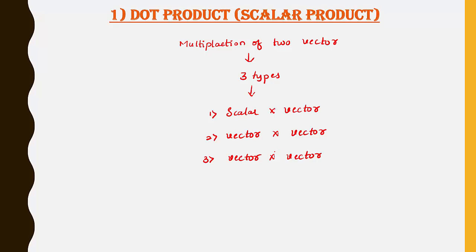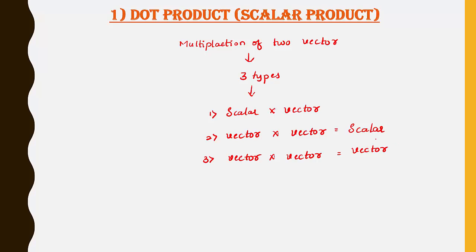Both are the same here, but observe the result. In the second type, when a vector is multiplied with another vector, we get the result as a scalar. If the result we got is a scalar, then this is the second type. In the third type, vector is multiplied by vector, but here the result is also a vector. Is it clear?